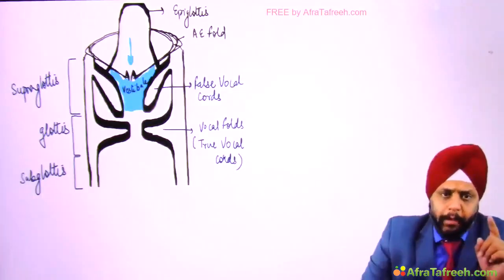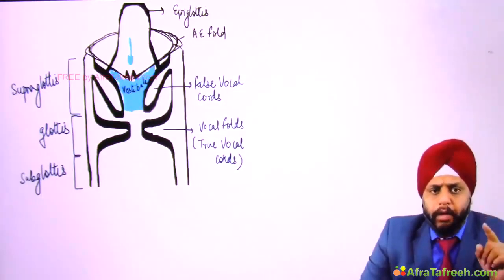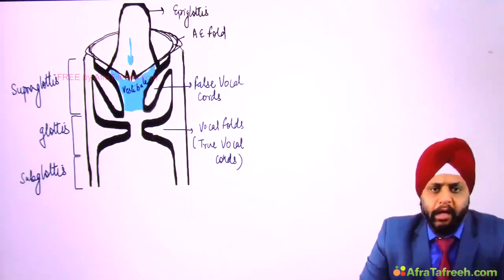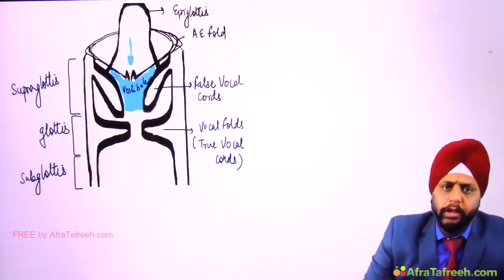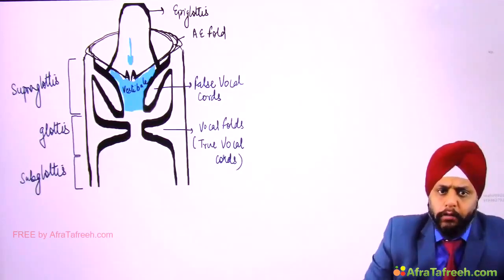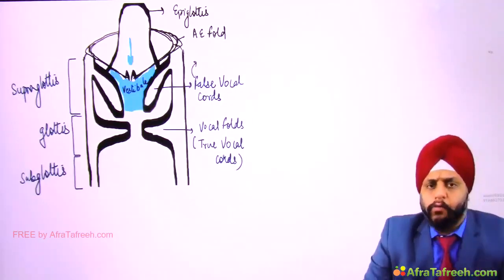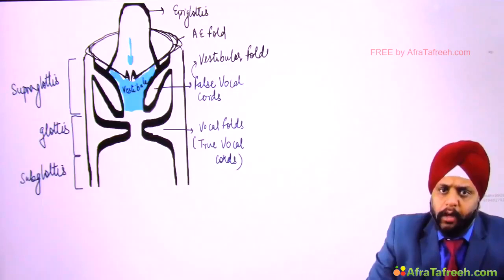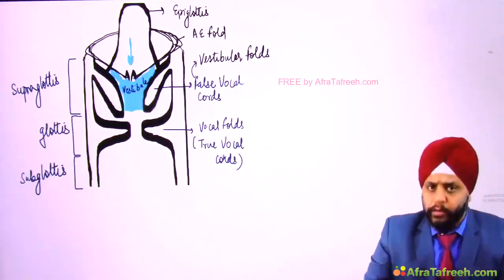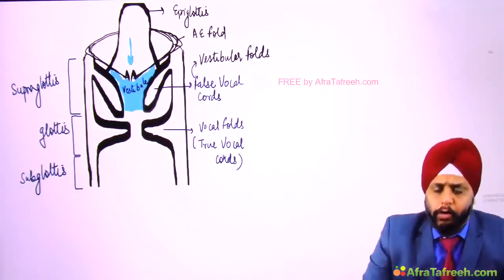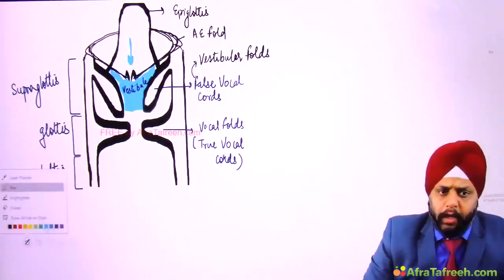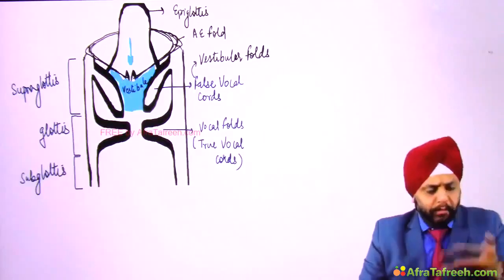Now remember, the lower limit of the vestibule is formed by the false vocal cords. Therefore, these false vocal cords have also been named vestibular folds. As I said, they were supposed to be called folds. They were never cords. If you look inside them, they are a fold of the mucosa.